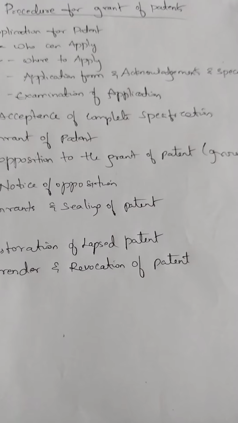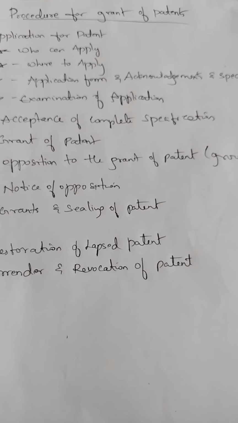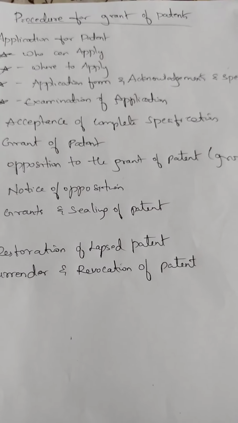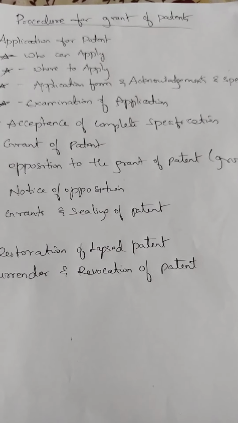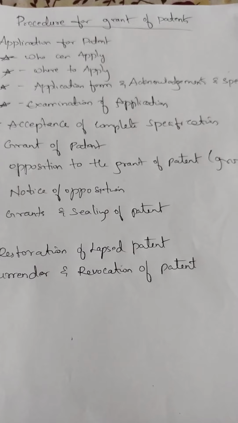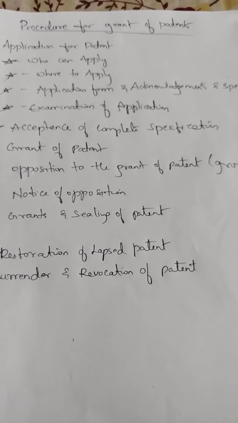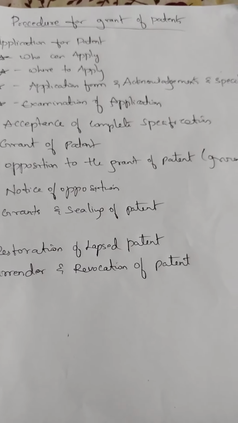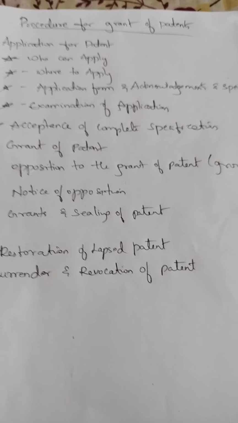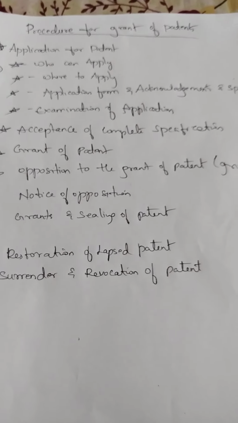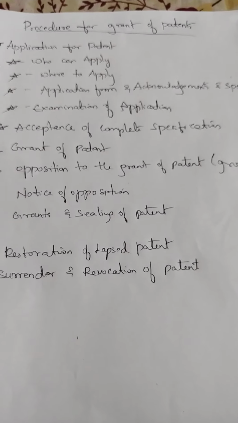Or if the complete specification is not sufficient, it's not giving clear details as to how it is performed, what is the methodology. Sometimes some people will claim it as an invention, but they won't tell you how it was invented. They won't be able to practically prove the invention, isn't it? So then also it can be opposed. So like this, they're different.